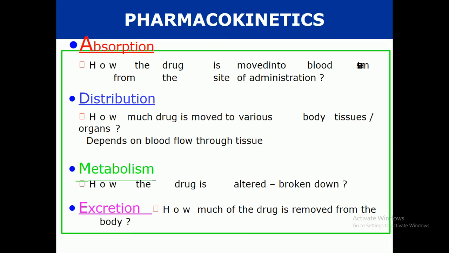Now pharmacokinetics is divided into 4 parts. The first part is absorption, how the drug is absorbed. Absorption can be defined as how the drug moves into the blood from the site of administration. It means when we administer a drug, how this drug will move across into the blood after administration.